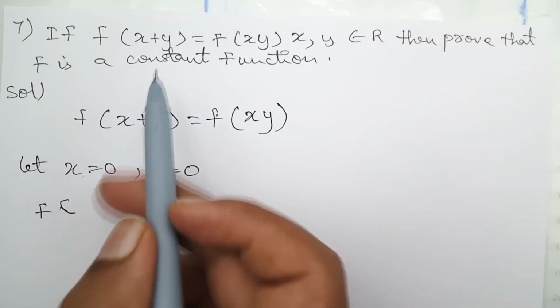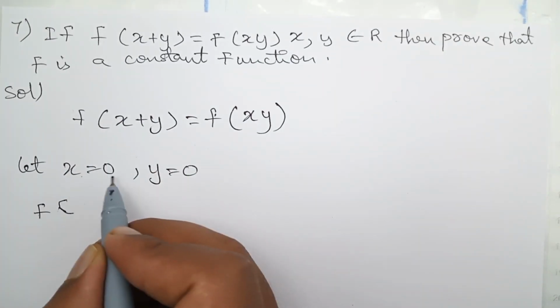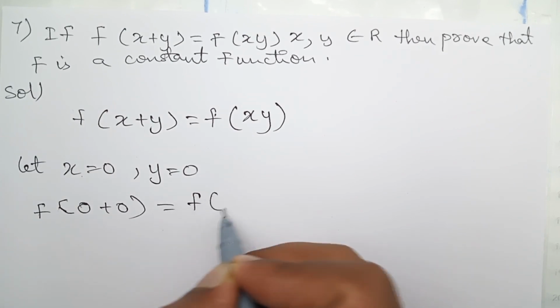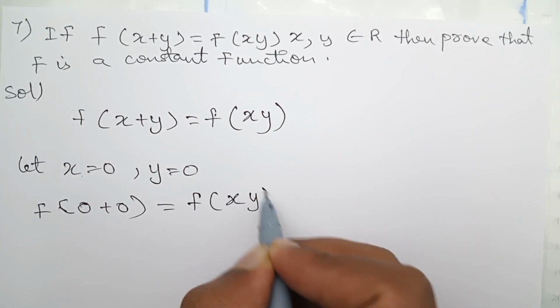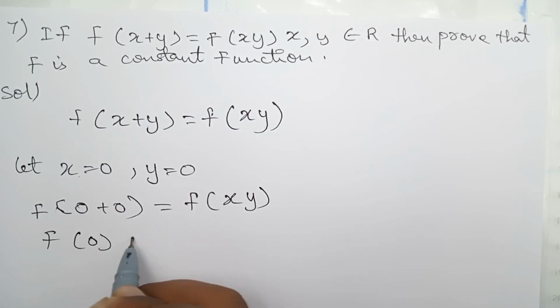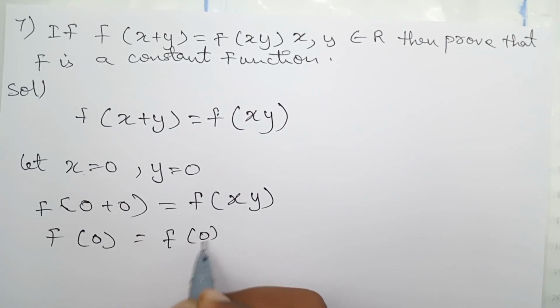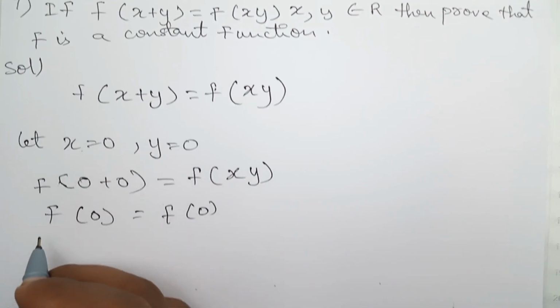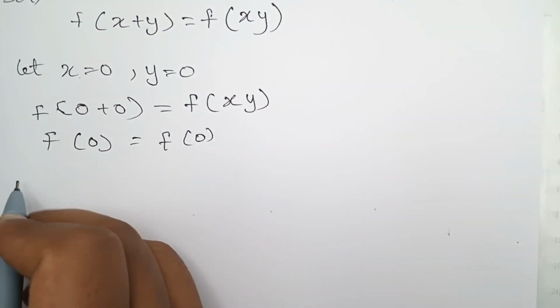X is 0, y is 0, 0 plus 0 is 0, so f of 0 is equal to f of x into y, 0 into 0 is 0, so f of 0 is equal to f of 0. This is the same, so this can be a constant function.